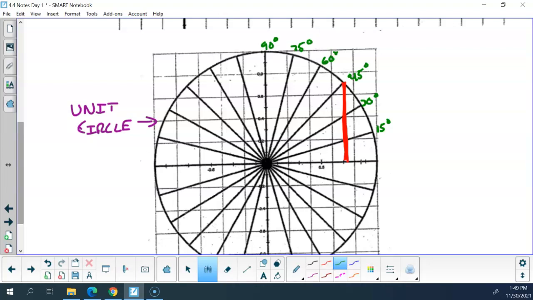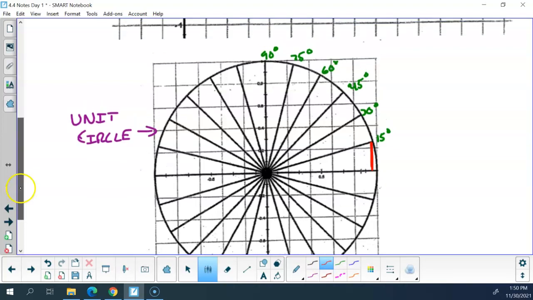So what we're going to do, or what I shouldn't say we're going to do, because it's hard for me to do it here on the board, but very easy for you to do it with spaghetti. You're going to measure out, let's say, 15 degrees. And that measurement is going to be right there.